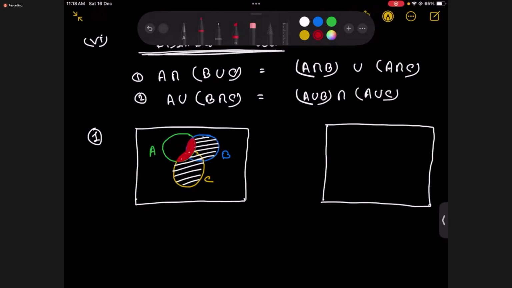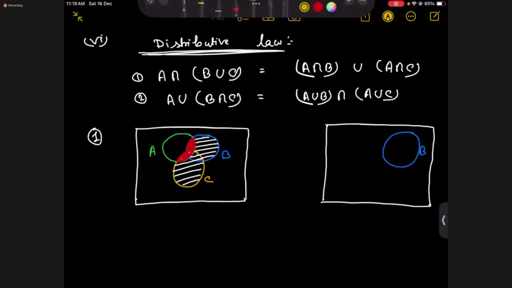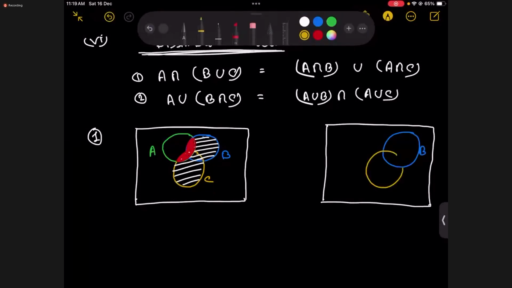And what about the right portion? Let us draw it first. This is our B, this is our C, and this is our A. First, check A intersection C. A intersection C denotes this white part.